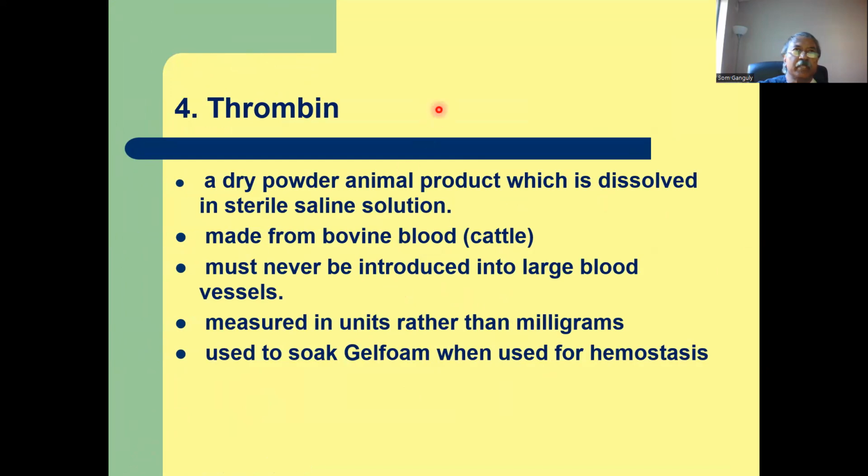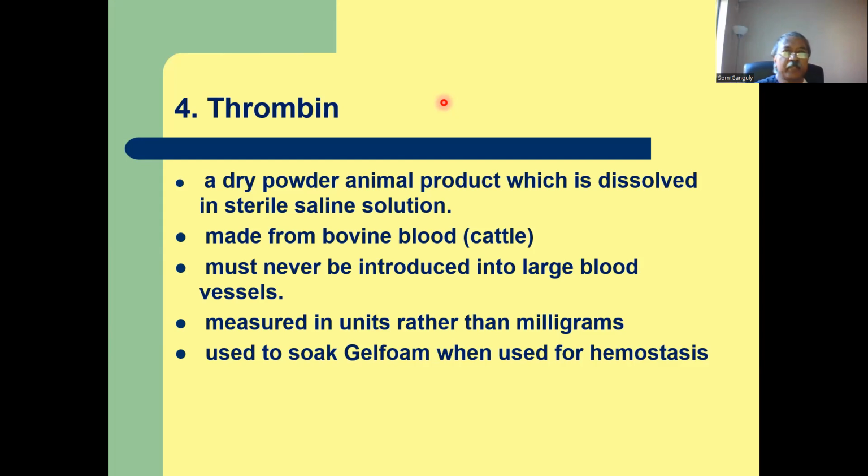There is a way they extract this chemical from the blood, and that is packaged as thrombin. It is measured as a unit rather than milligram. They will say 100,000 units of thrombin per 1,000 cc of saline. They will mix it up.